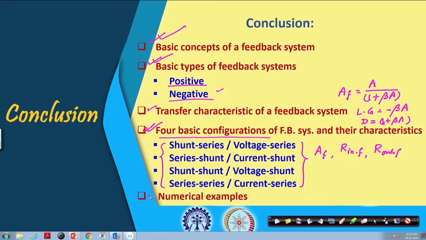And then we have discussed 2 numerical examples associated with 2 different types of feedback configuration, starting with the ideal situation, and then also we have moved to the non-ideal situation.